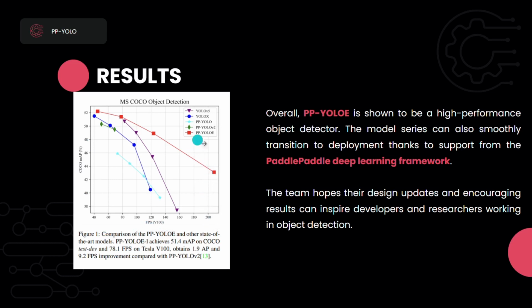As you can see, the PP-YOLOe model is always on top, which is a good sign because its mean average precision will also be high. This is the YOLOv5 model, and this is the results from the YOLOx model, and this is the PP-YOLOv2 model, and the blue line indicates the first version of PP-YOLO.